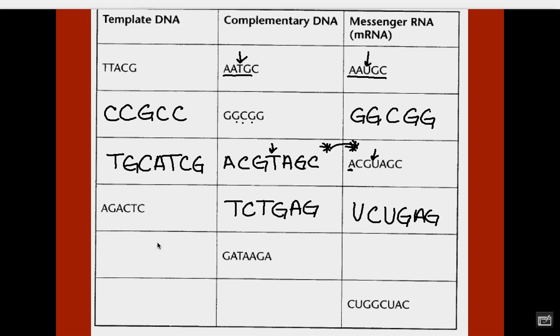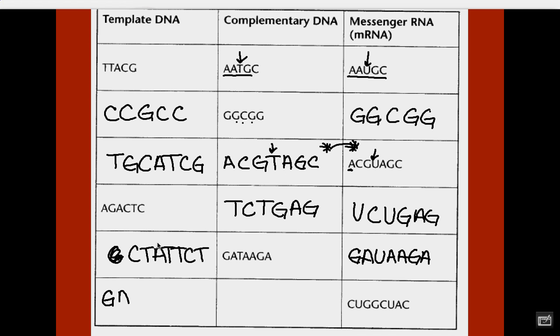All right, the next row, we've got the complementary, so let's create the template. So I would have C, T, A, T, T, C, T. And my messenger RNA is going to be G, A, U, A, G, A. Again, the only difference between these two is the T versus the U. And the last one, I have the messenger RNA strand, so let's create the template.